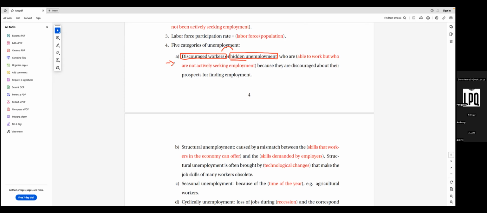The government releases unemployment rate data periodically, but the official data does not include the first group of unemployed workers, called hidden unemployment. That is the reason we call them hidden unemployment, because they are not a part of the labor force.